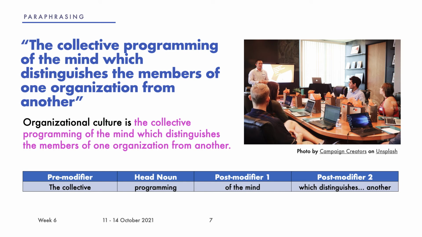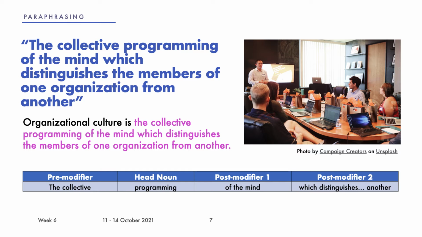Now, let me show you another example from another essay about organizational structure. So whatever it means, I think it's pretty straightforward with this term, organizational culture. But we have the definition here, which is the collective programming of the mind, which distinguishes the member of one organization from another.